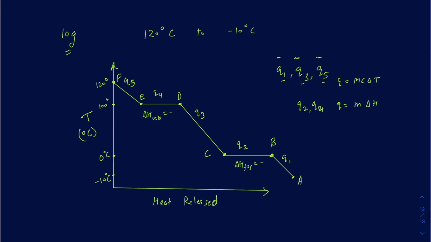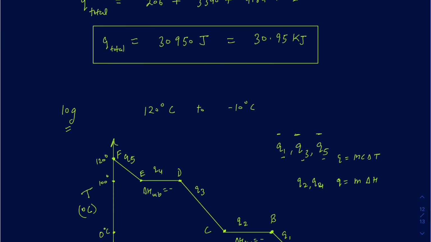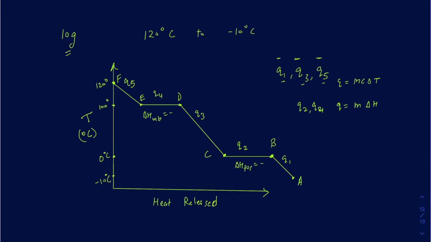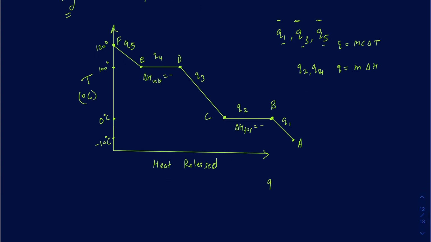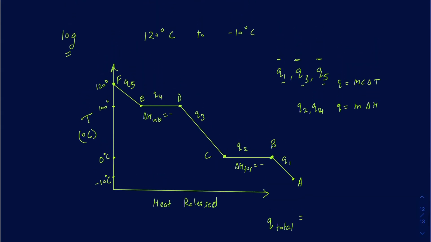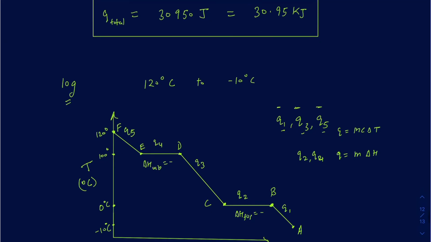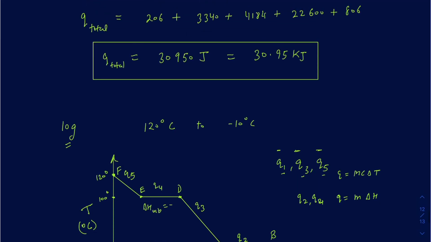So when you do all this math, and I encourage you to do all of it, Q1, Q3, Q5, Q2, and Q4, using the formulas that I have written down there, and then calculate the Q total. I'm just going to go ahead and write that number down. The Q total is actually going to be the same number that you got earlier, which was 30,950.